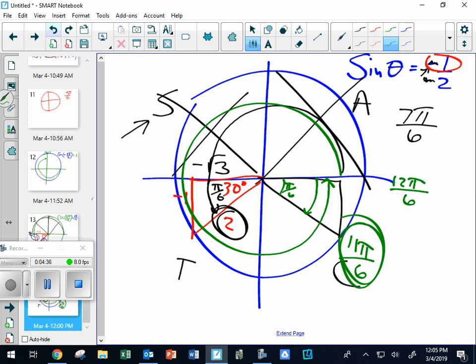That makes sense? If you wanted to count them up, you'd get to here and you'd be at 6 pi over 6, and then you could count up some more: 7, 8, 9 pi over 6. 10 pi over 6 would be right there. This is 11 pi over 6. All right. So there's 2 answers: 7 pi over 6 and 11 pi over 6.